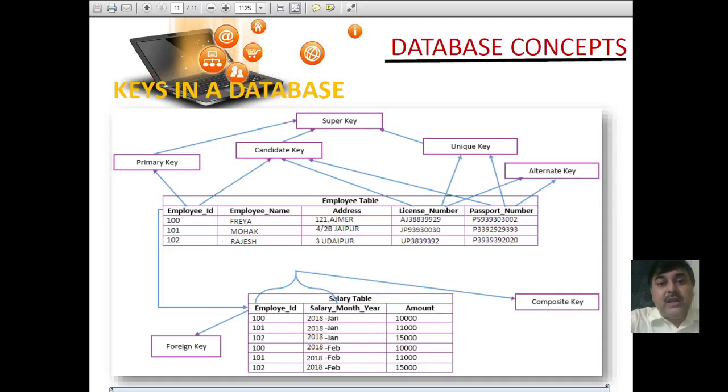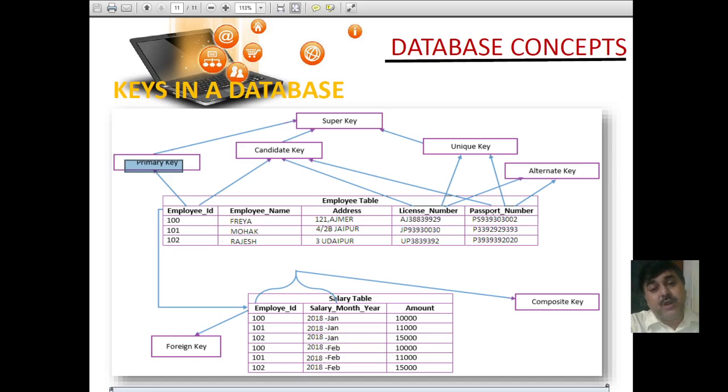See here, in this database concept, this is the primary key. This particular section is the primary key. Now besides this primary key, this license number can also be a primary key.